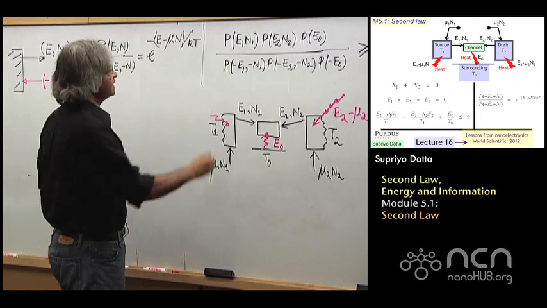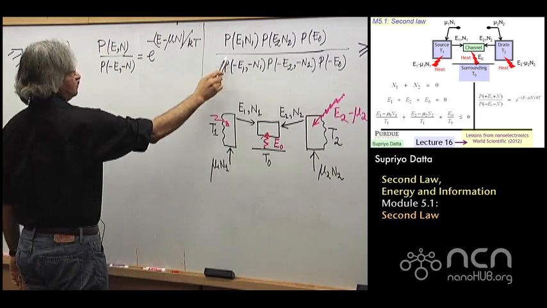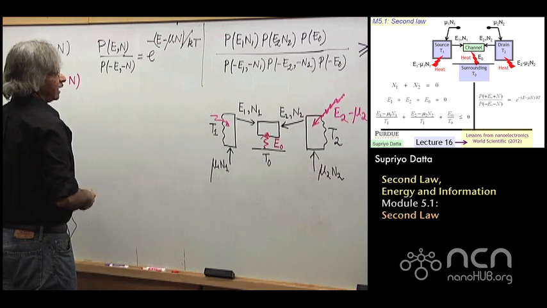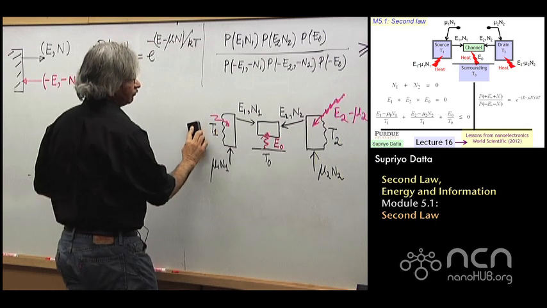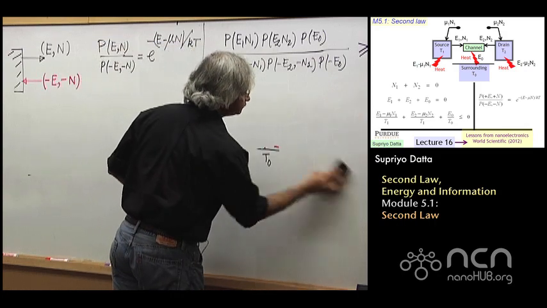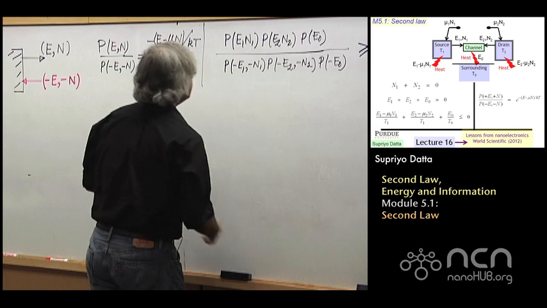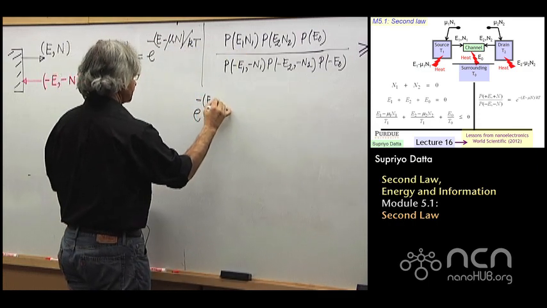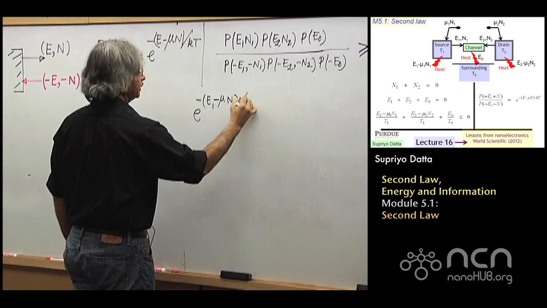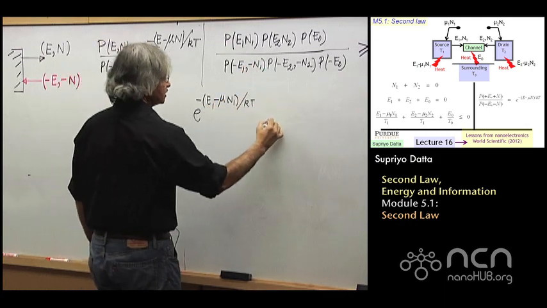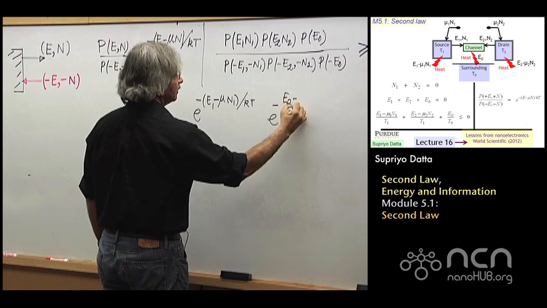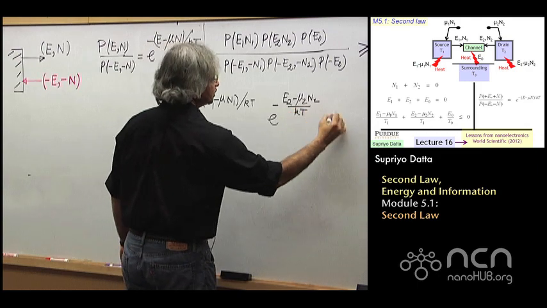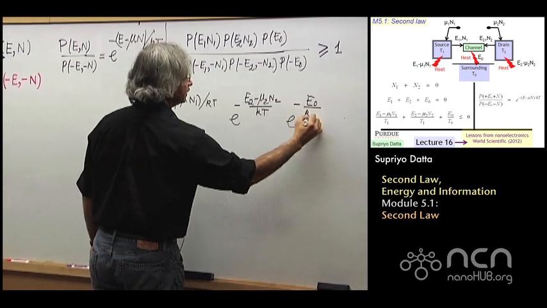And as long as these ratios of P's obey this equation, I can write this ratio in the form: exponential of minus (E1 minus mu1 N1) over kT, and then the next one is exponential of minus (E2 minus mu2 N2) over kT, and then exponential of minus E0 over kT.